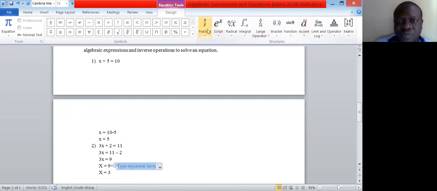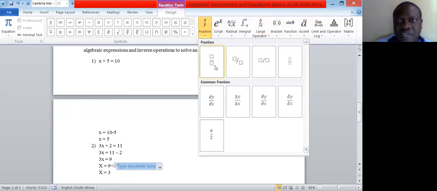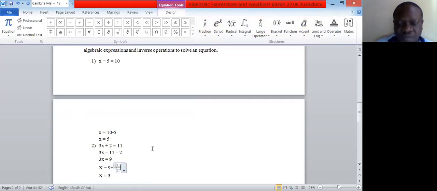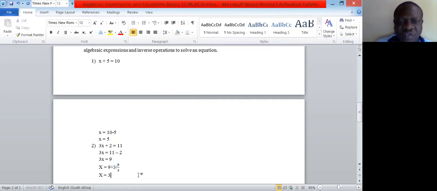They prefer to put 9 over 3, because every division problem, every fraction is a division problem. So you can say 9 over 3. The denominator is always dividing into the numerator. Let me put the word O here. So you understand? And then our x will be equal to 3.